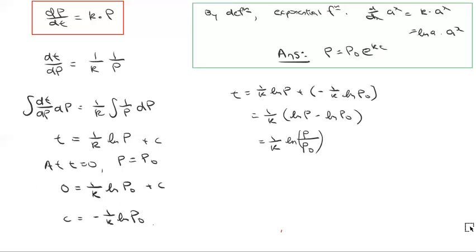So you can multiply the K across. You need to undo the log, so it's e to the kt.